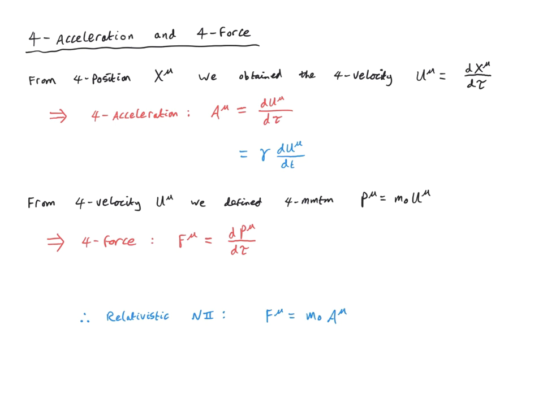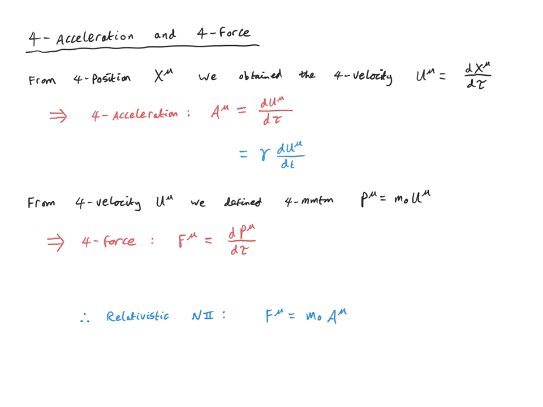And therefore, we have a relativistic version of Newton's second law, which relates the rate of change of the 4 momentum to the 4 acceleration. This tells us that F mu is equal to m0 a mu. And this equation allows us to relate forces on particles to accelerations of those particles within special relativity.